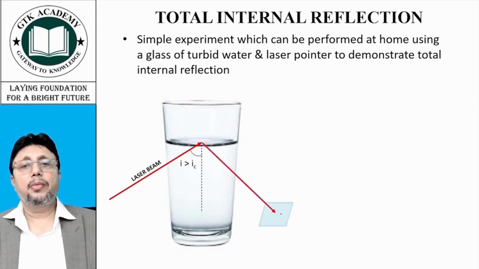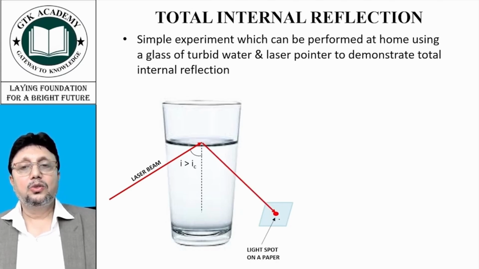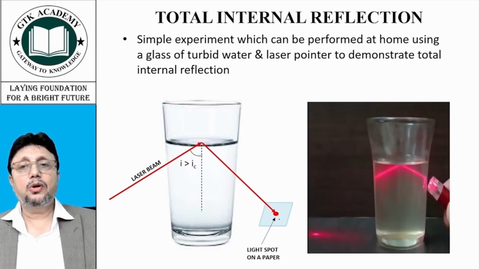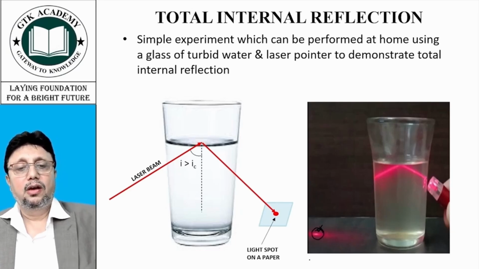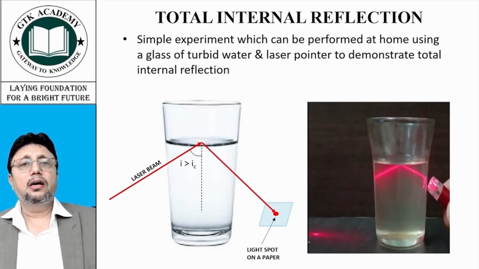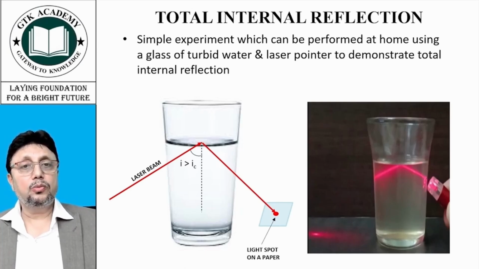And you can put a paper here and you can see a light spot, red spot here. So the snapshot of experiment is like this. You can see the red mark here on the table itself. But you have to be a bit careful while doing this experiment that please don't point it in your eye because it can be dangerous.